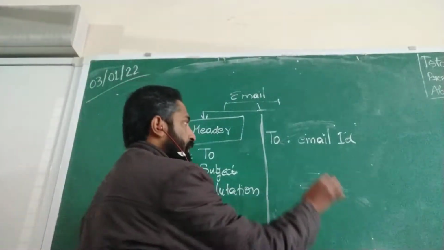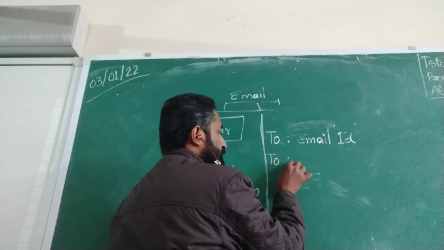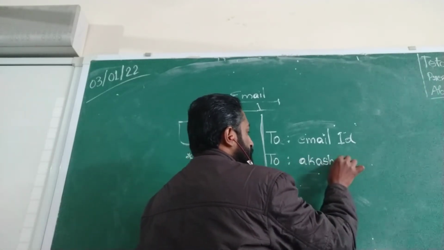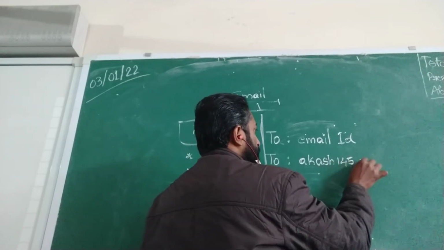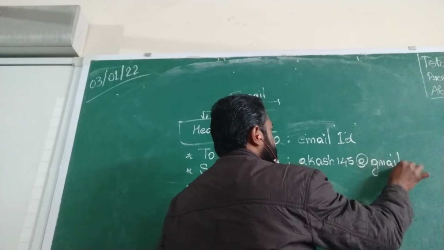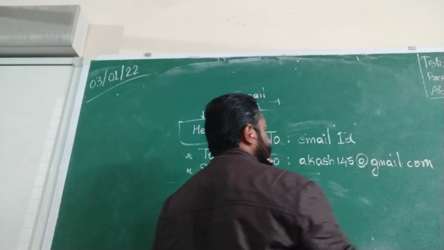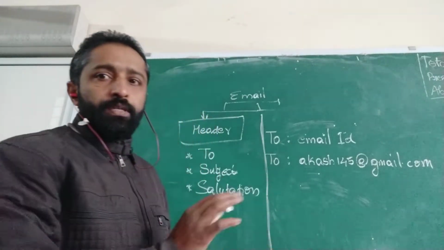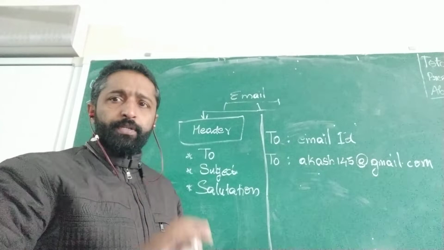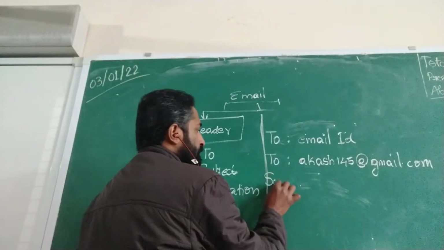For example, if I write, to, left side of the margin, rs145@gmail.com. See, there are no joined letters, there are no capital letters. That's how you need to write the email ID.